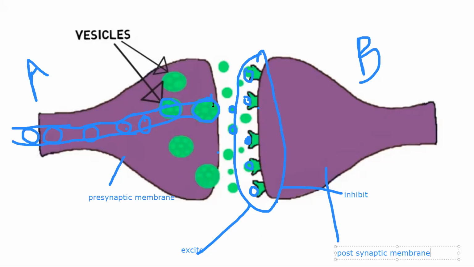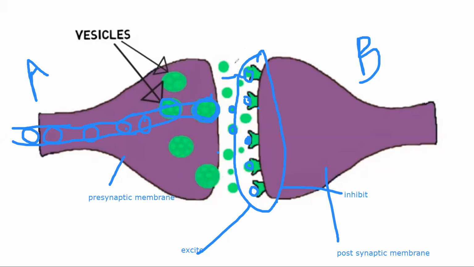I'm continuing. The moment the vesicle gets to the base, it will release it to neuron B. And interestingly, you could see that there's a gap, a space around the side. There's a space here, this is the space.